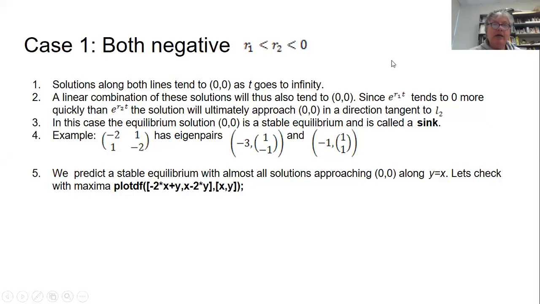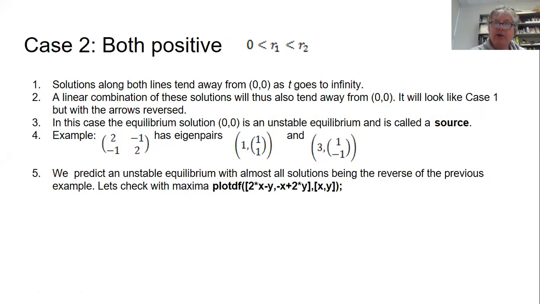Okay, so this is the case with both negative. We saw how that turned out. What about the next case? What happens if both are positive? And so now R2 is greater than R1 is greater than 0. Both the fundamental solutions are going to move away from the origin as t goes to infinity, and a linear combination of these solutions will also tend to go away from the origin.